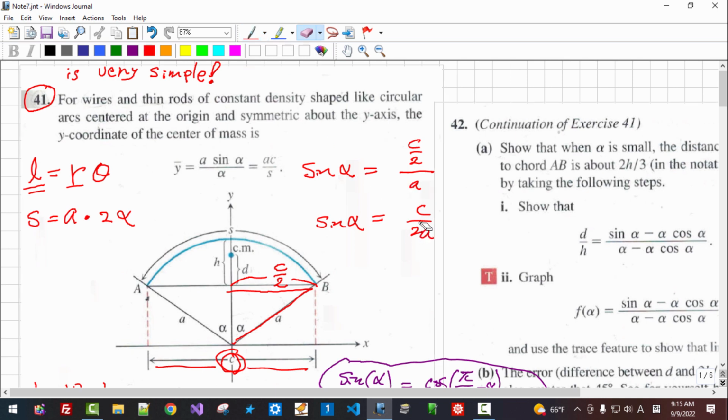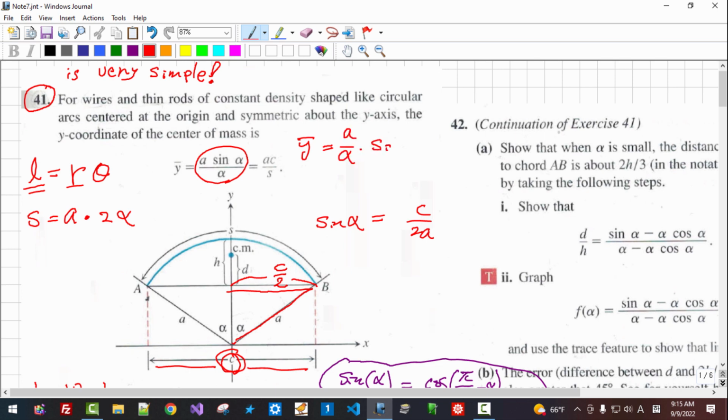Please watch it carefully. From this equation, y bar equals A over alpha times sine alpha.